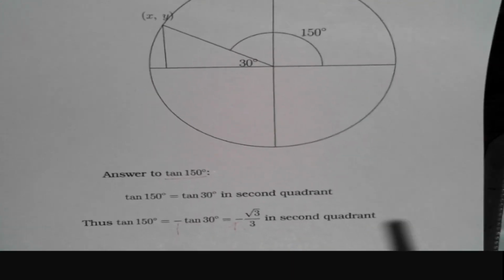In the second quadrant, only sine is positive, all the others are negative. That's why we know tangent 150 degree will be tangent 30 degree with a negative value. Again, from the 30, 60, 90 degree triangle, we can get the value of tangent, root 3 over 3, with a negative value.